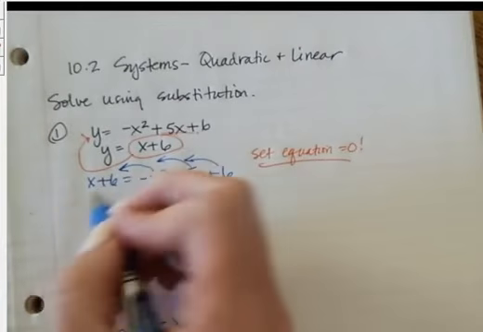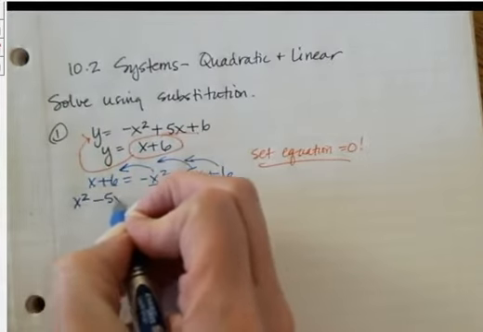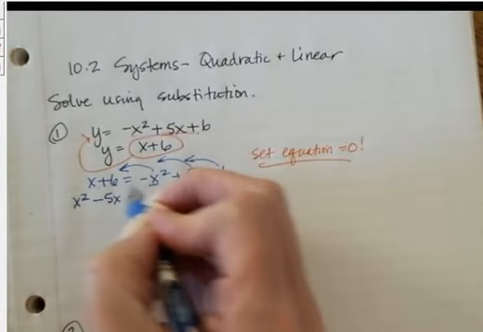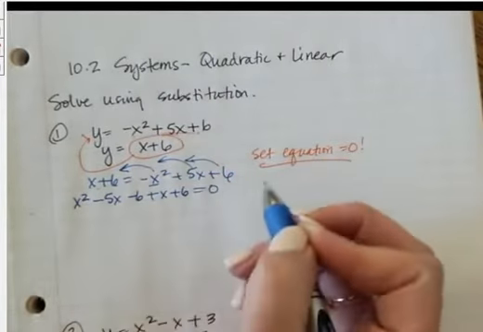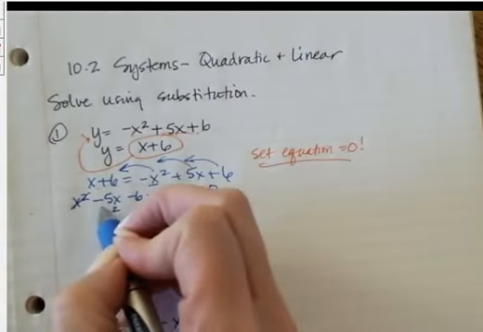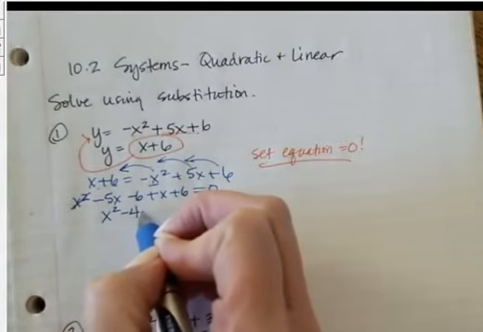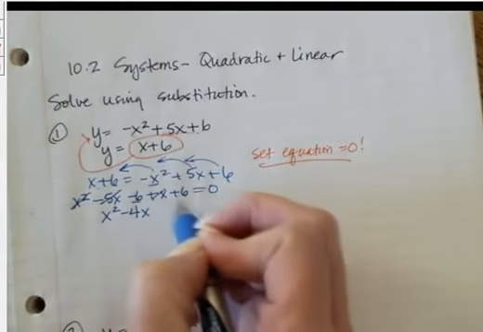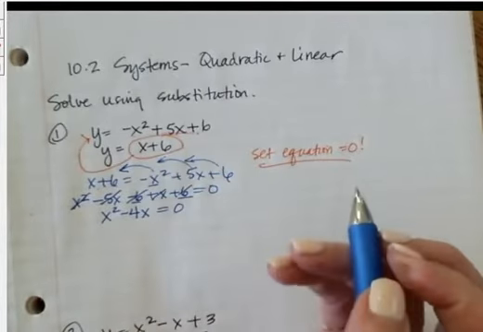So if I move all this over, I'm going to have a positive x squared minus 5x minus 6, and then I'm going to rewrite what I have there, plus x plus 6 equals 0. Now I combine like terms. I have my x squared, done with that, minus 5x plus x gives me minus 4x. Then I have minus 6 plus 6, well they go away, so now it's set equal to 0. And I can solve this.